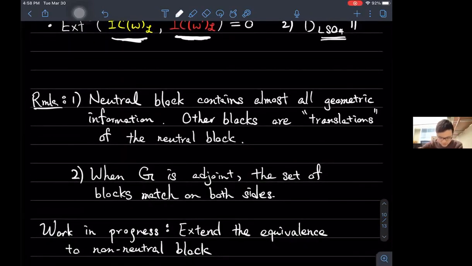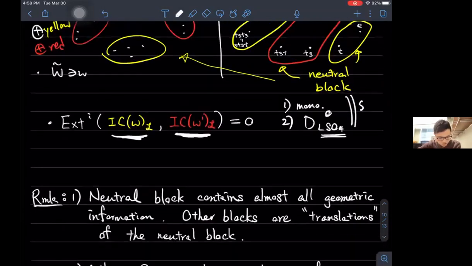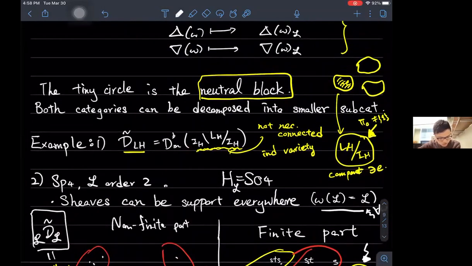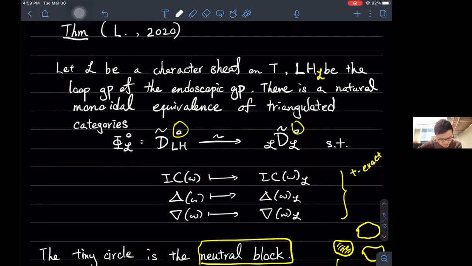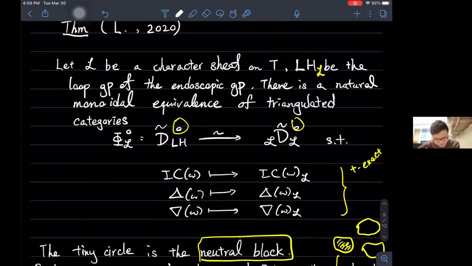I don't think I have time to talk about the proof, but maybe I will stop here. Maybe I will show the main statement again. Basically, I proved something about the neutral block. It's a yellow block, not a red block. And then I could match the three families of parallel sheaves together.